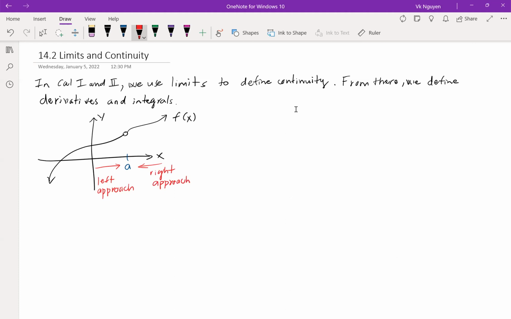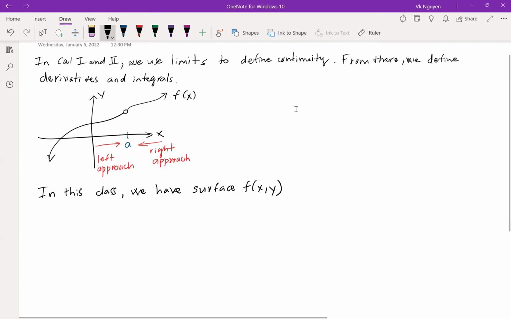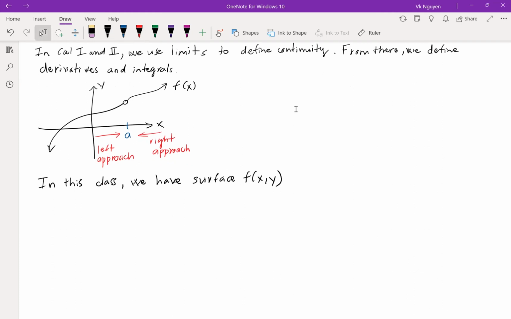Well, in this class, we don't have a function that is on the xy plane, but we have a surface. We don't have a curve. In this class, we have a surface f(x, y), and this surface has a set of domain on the xy plane.